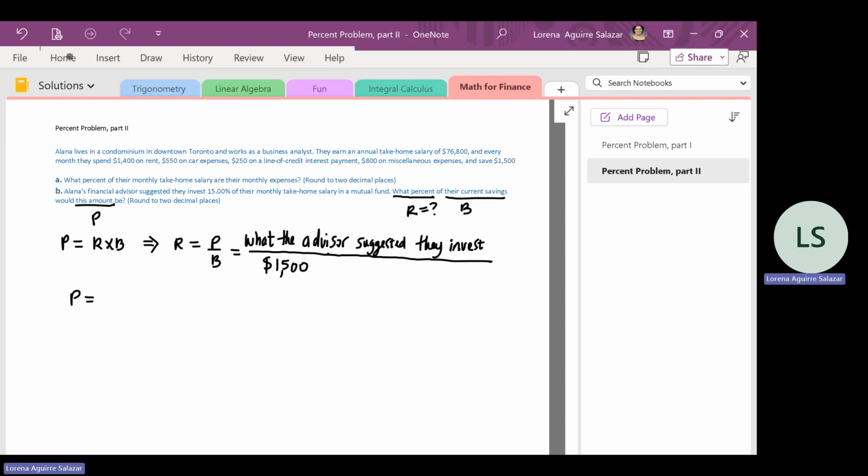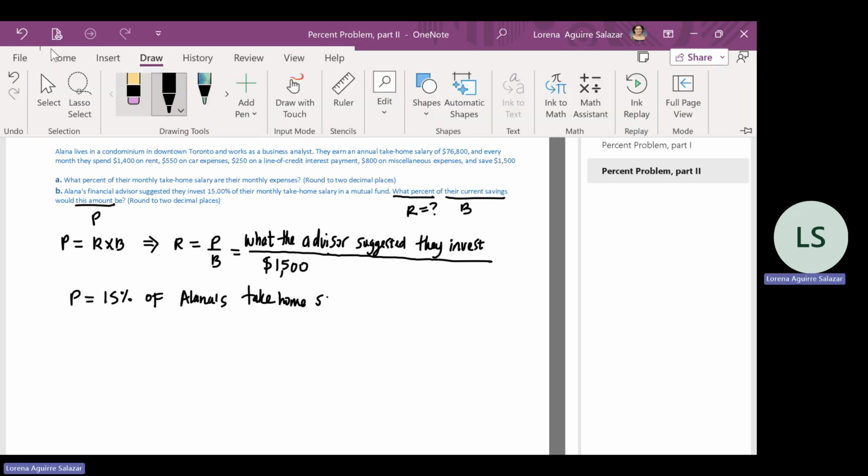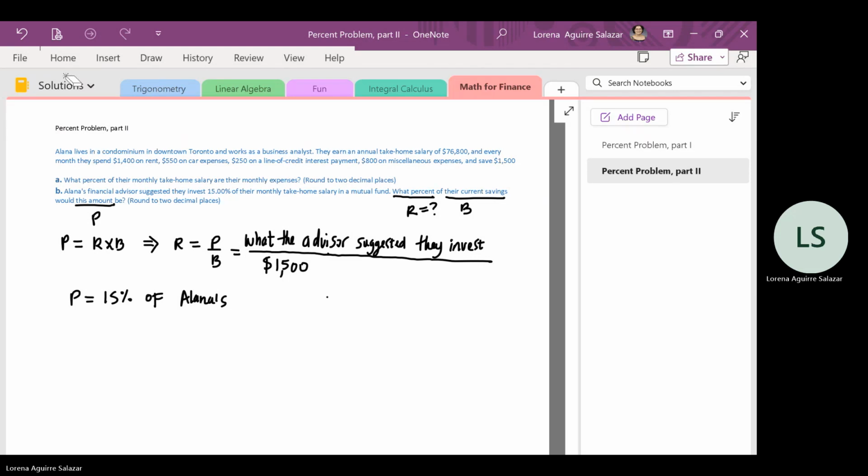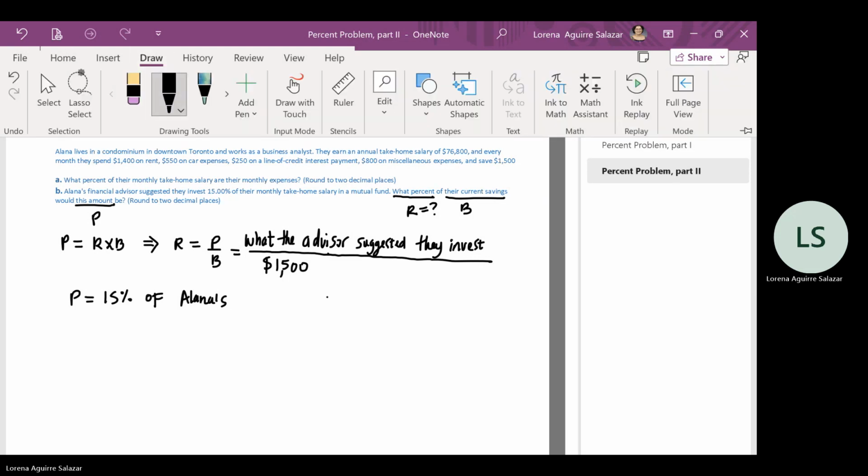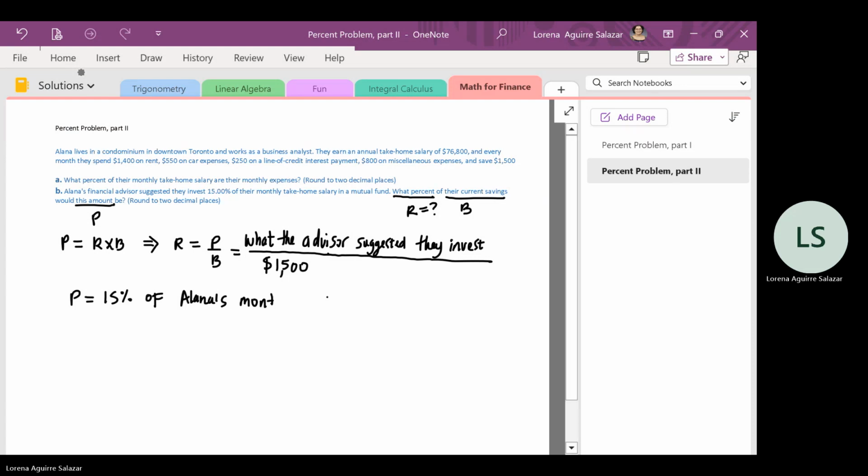So here P is 15% of Alana's monthly take-home salary.